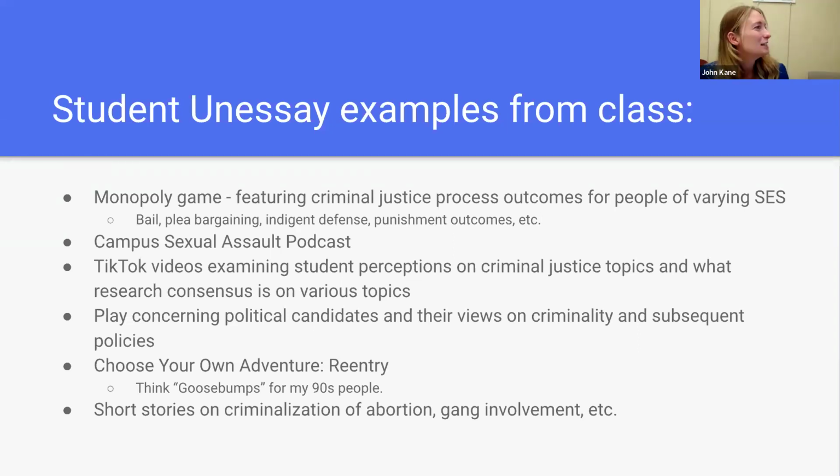I guess she was a playwright, I suppose, and created various parts and involved the audience, the classroom, in it, because at one point they had to vote for the candidates who they felt best represented the policies that they thought were going to be most effective at addressing crime in their community. So it was pretty cool.